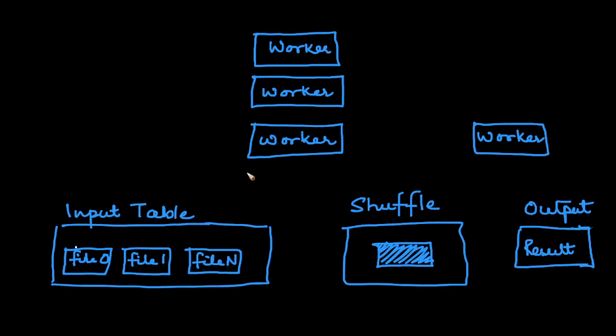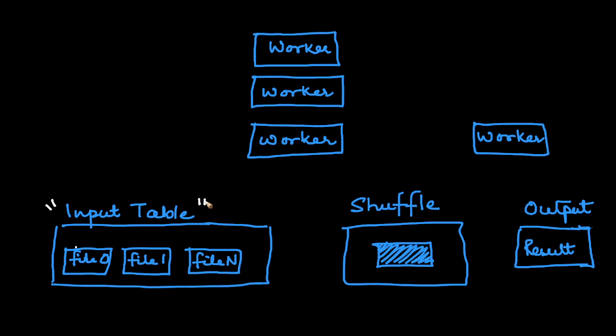The basic design of BigQuery can be summarized by this diagram, which I have half drawn. I will be filling up the gaps right now so that I can explain it in a better way. Imagine we have an input table, which can be seen over here. The input table can be logically broken up into files or sections as stored in the storage, and we are going to talk a lot about what storage this is, how the files are divided, and so forth in the coming videos.